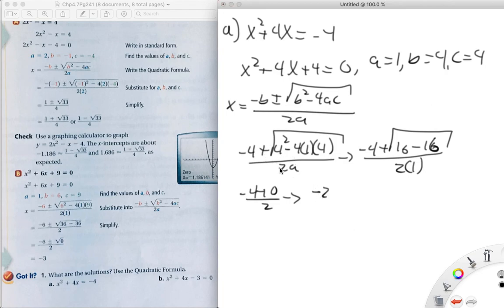So that's the first one. In terms of the second one, it's going to be plus or minus. This is going to be negative 4 minus 0 over 2.